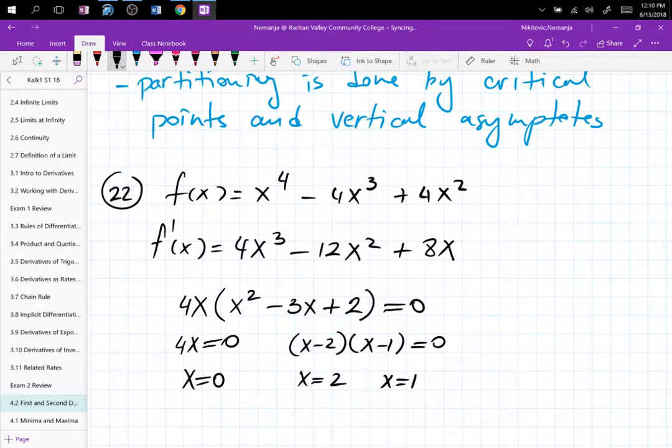Nice. I have 3 critical numbers, and then we can find y values to become critical points. So these are the critical numbers. All right.